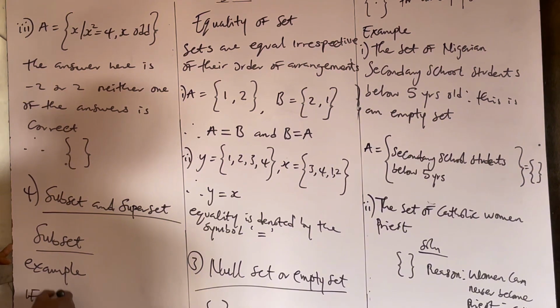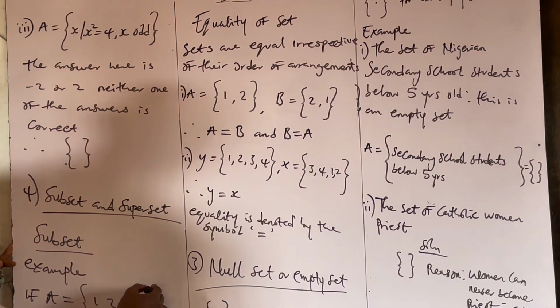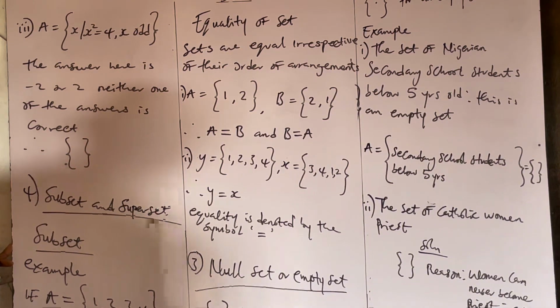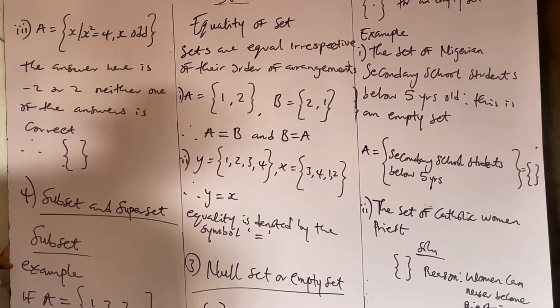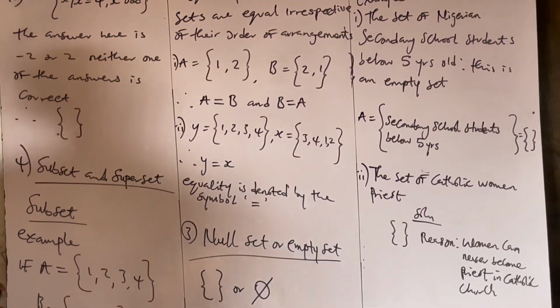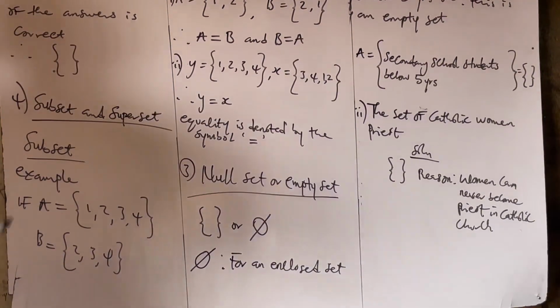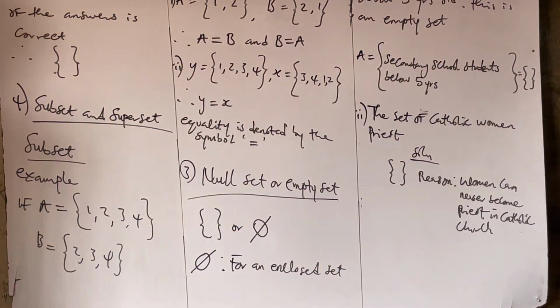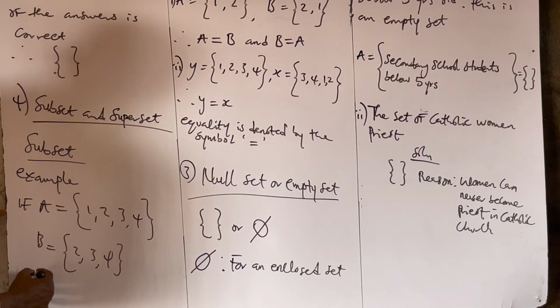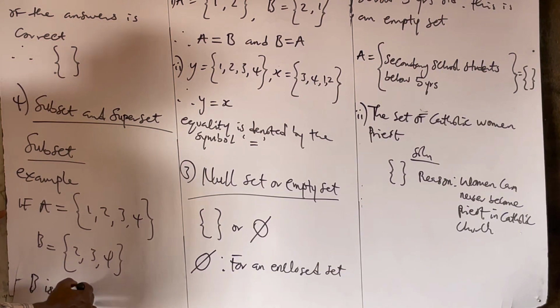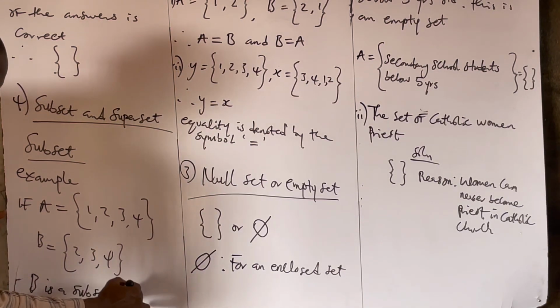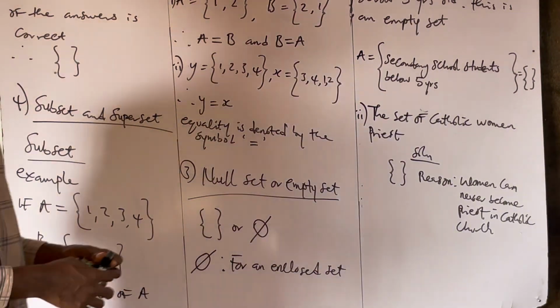Example. If A contains 1, 2, 3, 4, and B contains 2, 3, 4, we'll say that B is a subset of A. Now let me explain.